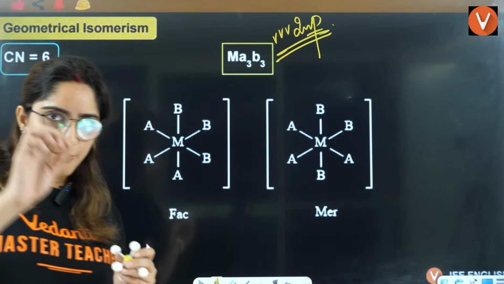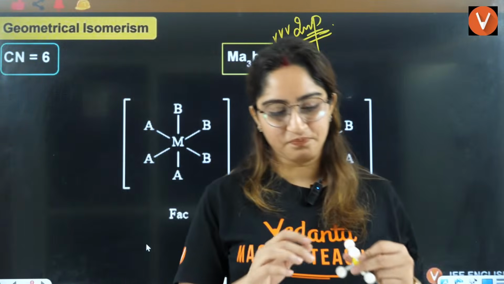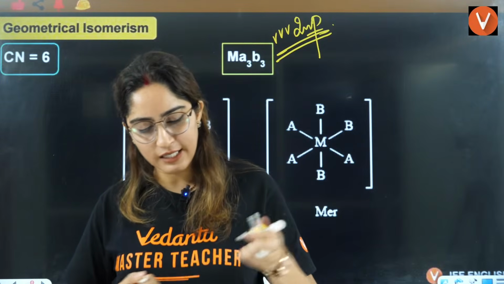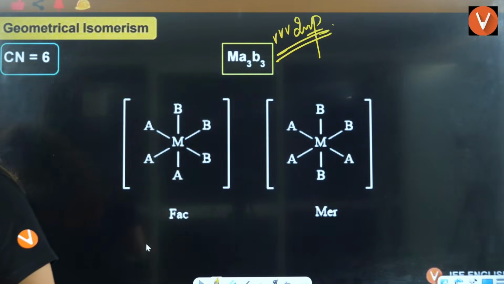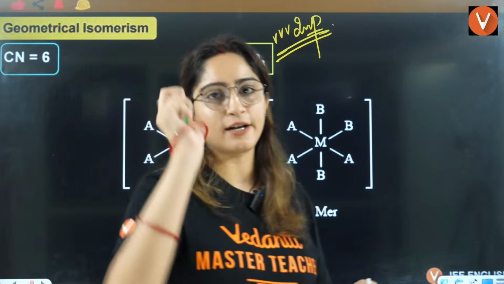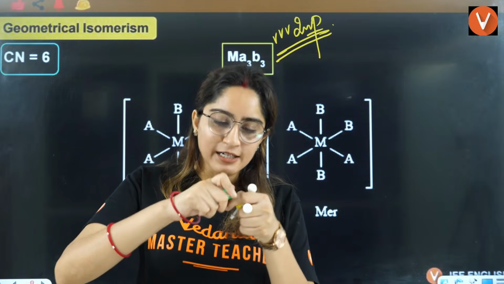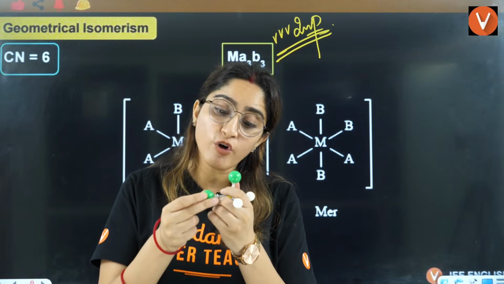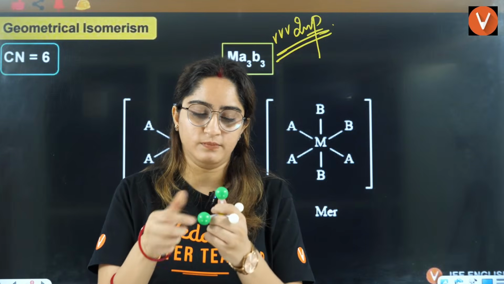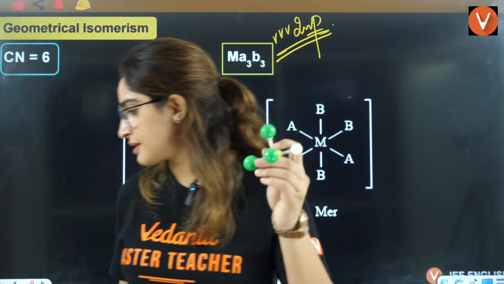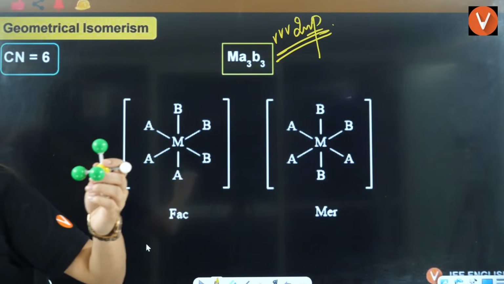So in Ma3B3, you will have 3 different atoms. Okay, I'll take 3 green atoms. If I draw these 3 atoms on one of the phases, this is on one phase.